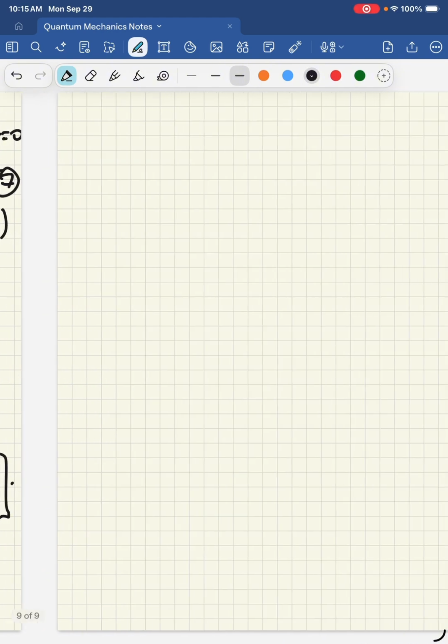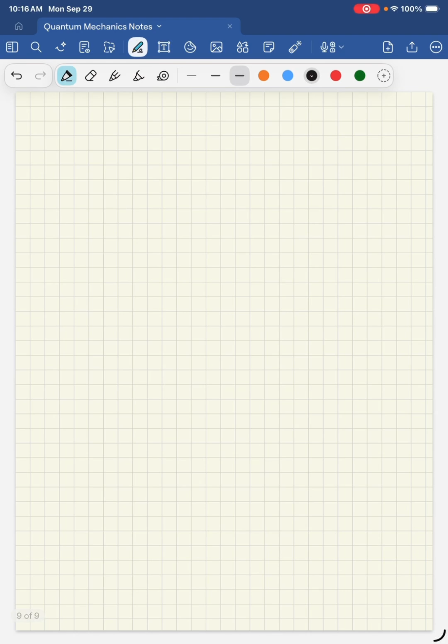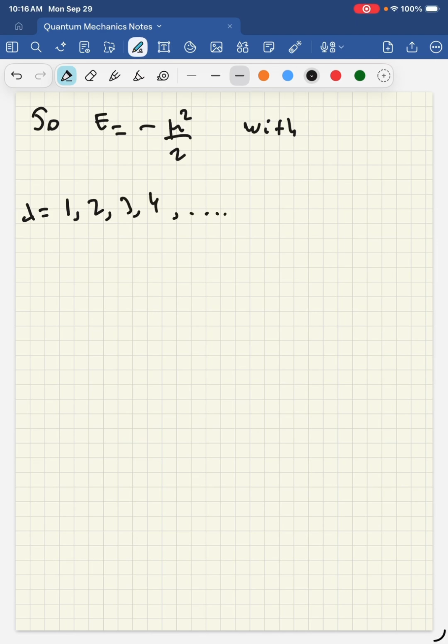So E is minus mu squared over 2 with lambda equal to 1, 2, 3, 4, etc. And mu can only be 1, 2, 3, up to lambda.